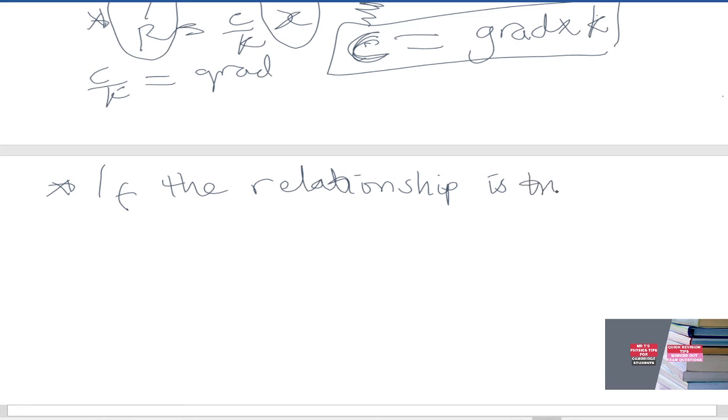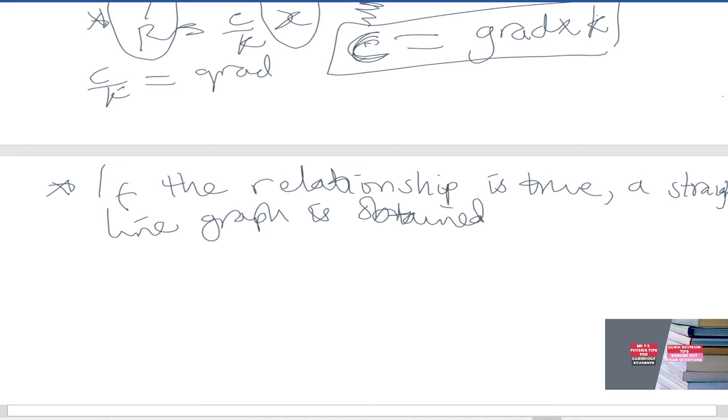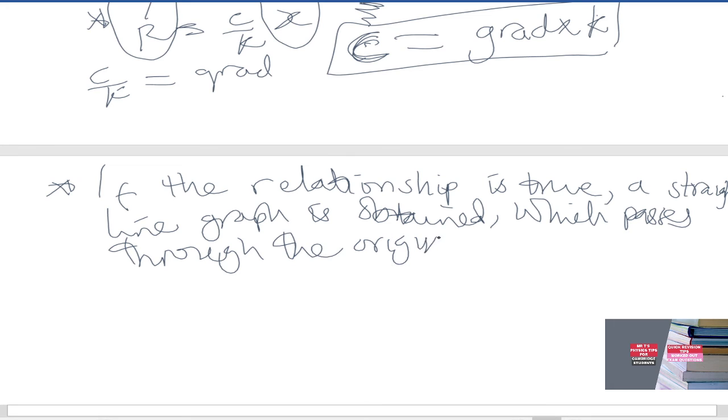If the relationship is true, then a straight line graph is obtained which passes through the origin. So this one you really need to write down. Some also may say the relationship is valid if a straight line graph is obtained which passes through the origin.